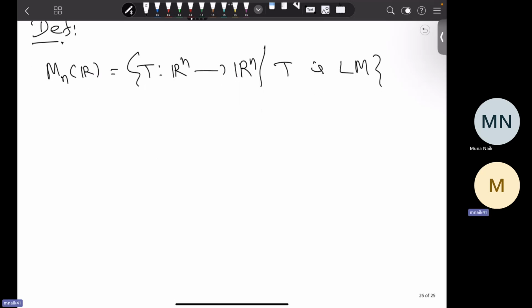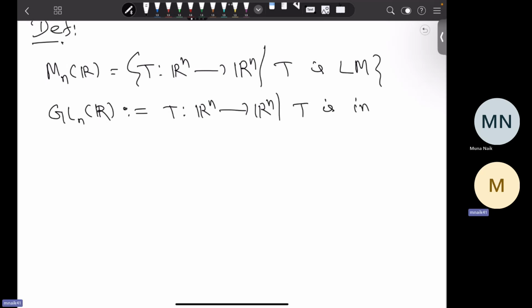Now what is GL_n(R)? By definition, it is the set of T from R^n to R^n such that T is an invertible linear map.